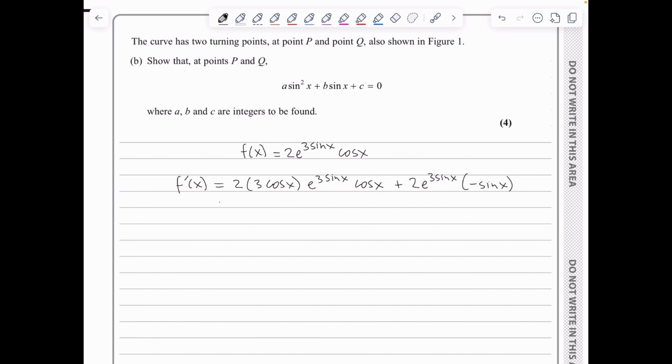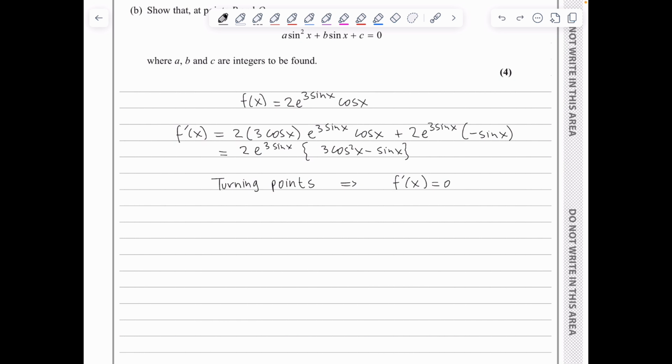I will then factor out the 2e to the 3 sine x, and I'm left with 3 cos squared x minus sine x. This is the expression for the derivative. And knowing that turning points satisfy that f dash of x is equal to 0, then I will simply set 3 cos squared x minus sine x to be equal to 0.